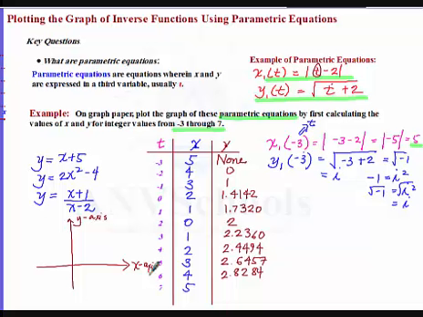Now on your calculator, these are the things that you need to do. Number one, of course, you have to set your grapher into parametric mode.